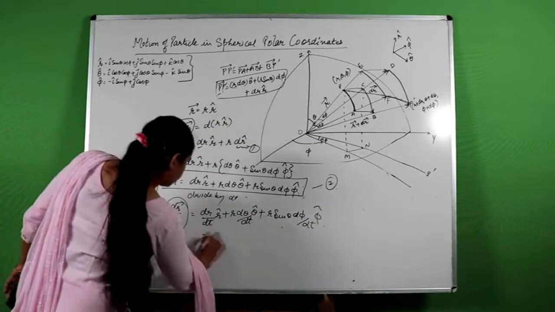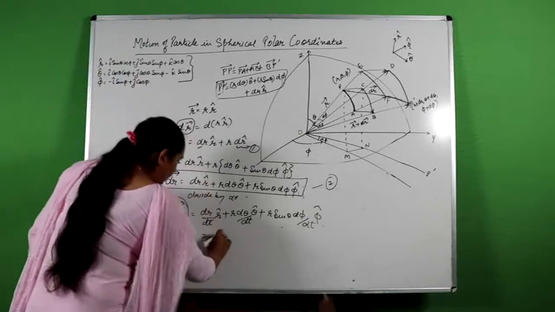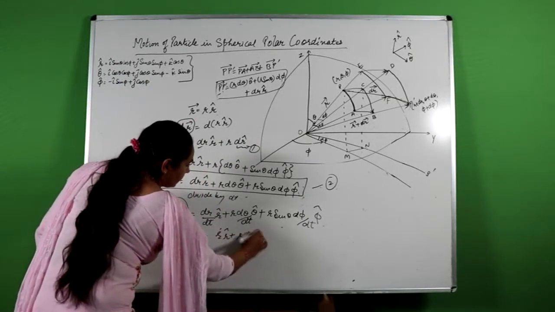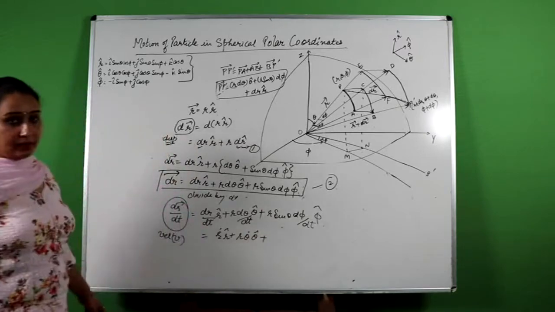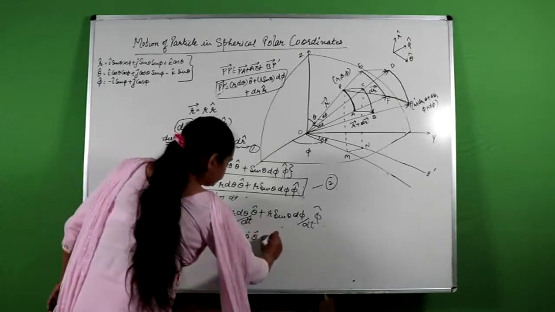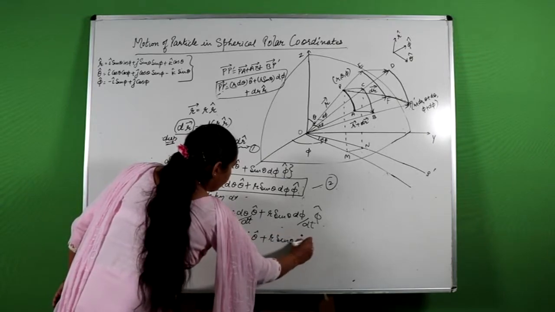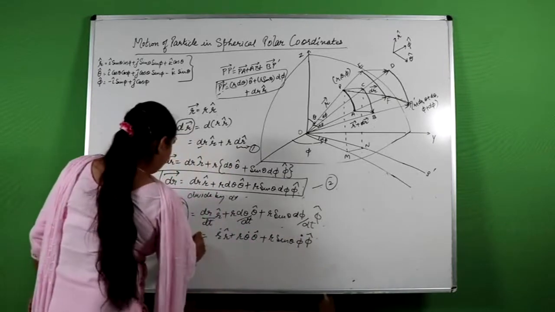So I can write this is r dot r cap plus r theta dot theta cap plus r sin theta phi dot phi cap.